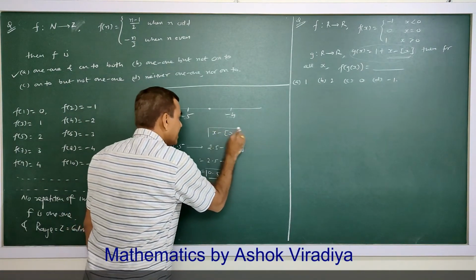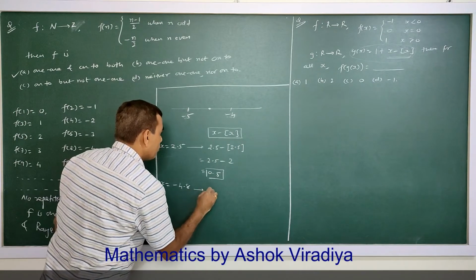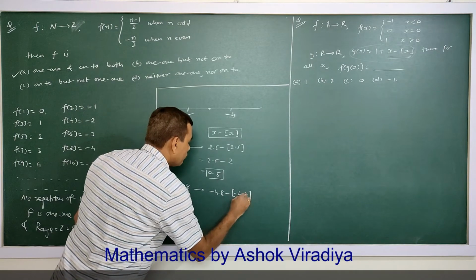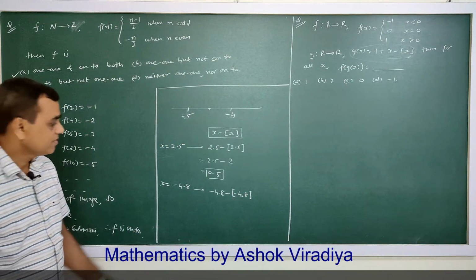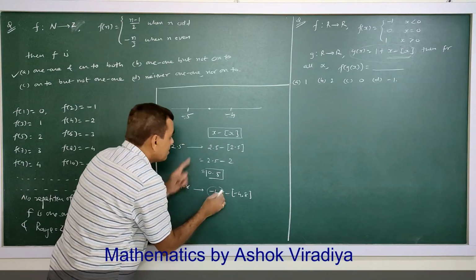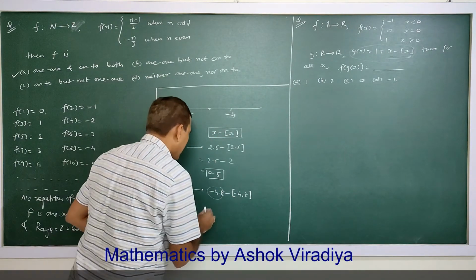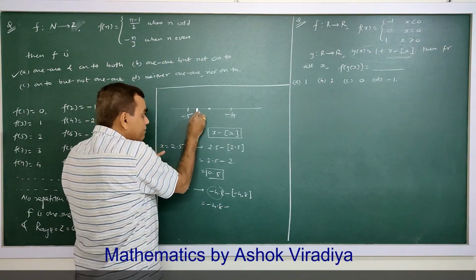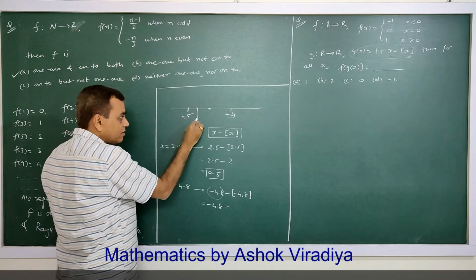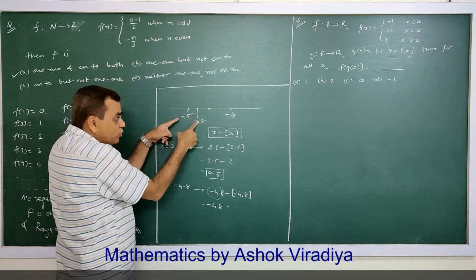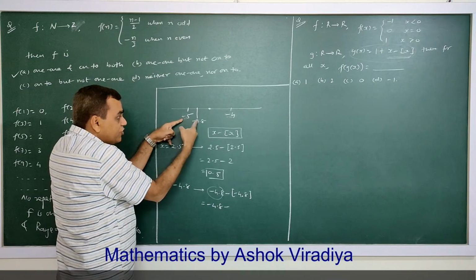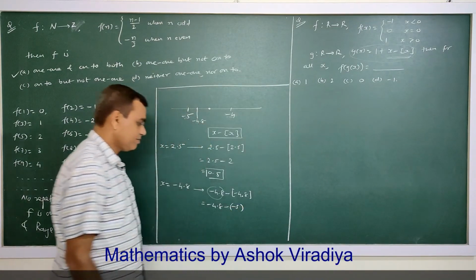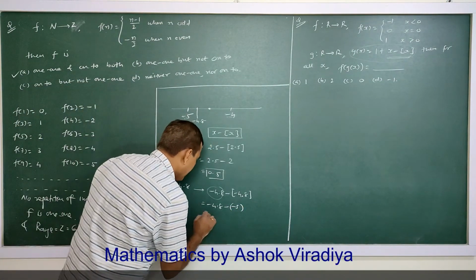So minus 4.8 minus the box value of minus 4.8. Minus 4.8 is somewhere here, and its box value is the first integer on the left side, so minus 5. So this is 0.2.